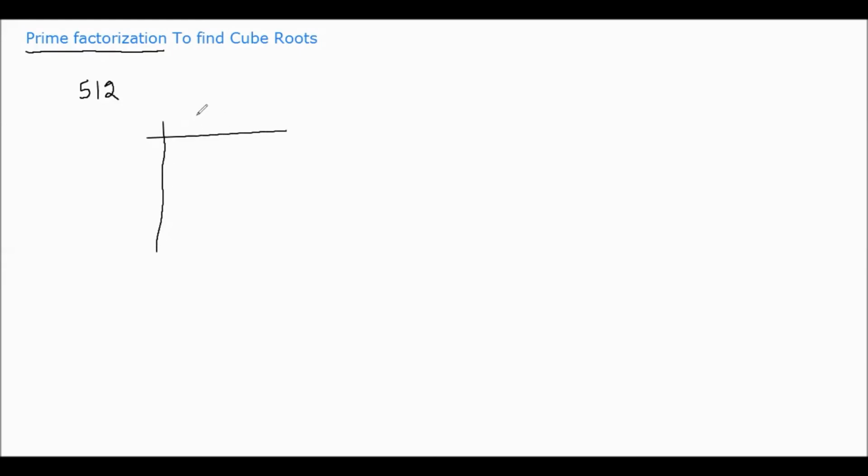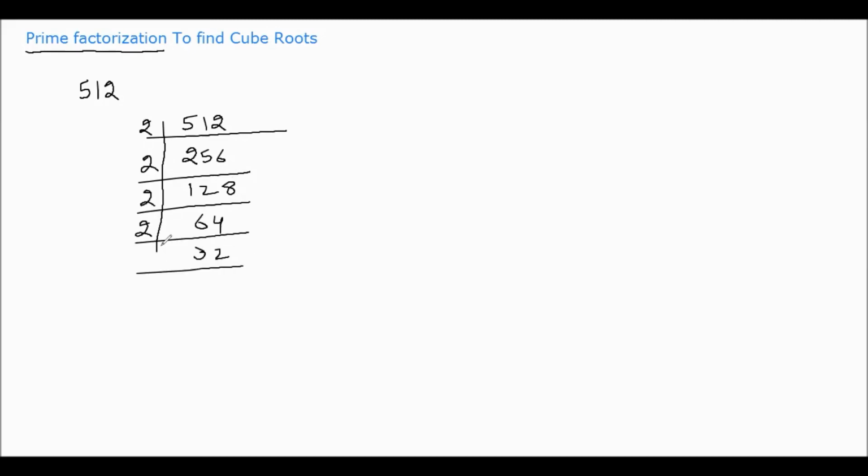As you all know, we have to find the prime factors of this number. So if I start with 2, I will get 256. Then again I'll do it with 2, so I will get 128, 64, 32, and similarly 16.